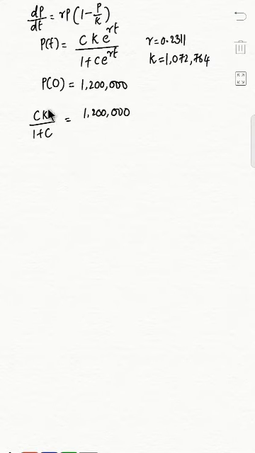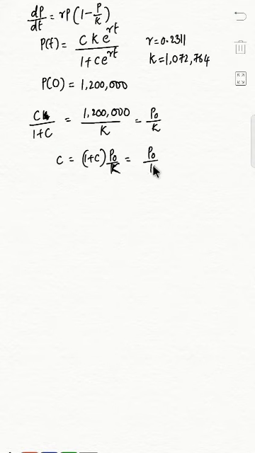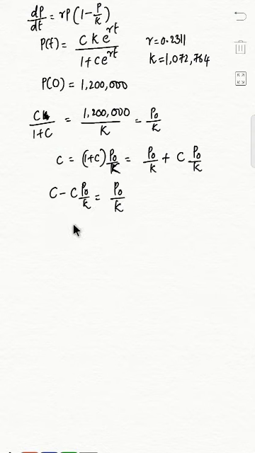So C by (1 plus C) is nothing but P naught by K. So C equals (1 plus C) times P naught by K, which becomes P naught by K plus C times P naught by K. C minus C times P naught by K is P naught by K. We take the factor out, it becomes C times (1 minus P naught by K).